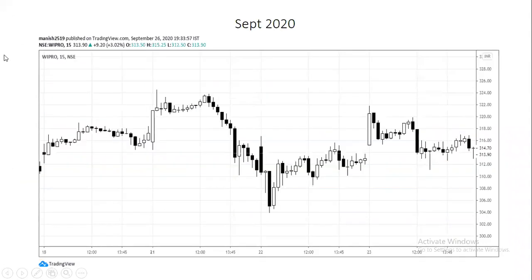Now this is Wipro on 15 minutes time frame. Date you can notice at bottom 21, 22, 23. Now you guys try to identify on which date can you see master candle setup out of 21, 22, 23. Please type in chat box.